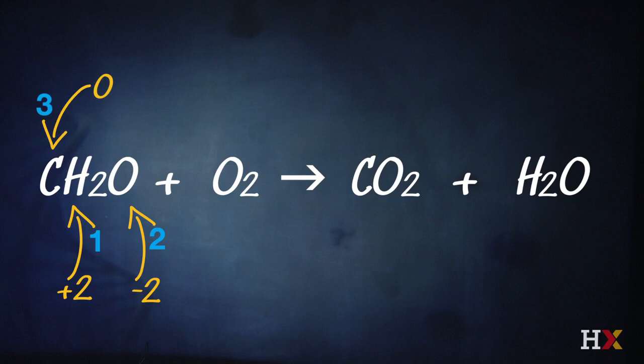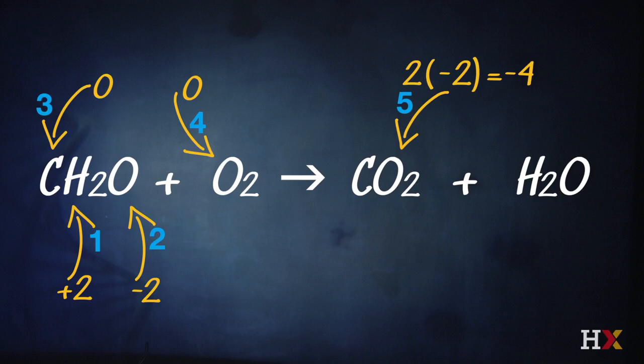Now, step 4, we want to proceed along our reactants. So oxygen, well, this is easy because the oxidation state of oxygen as a free state is 0. Now let's look at the products of this reaction in step 5. So this is a molecule, all right, it's CO2, but we've already practiced this. There's no fluorine, there's no hydrogen, so we assign the oxygen an oxidation state of -2.